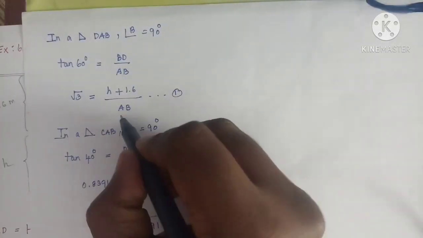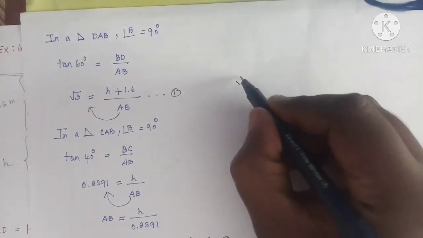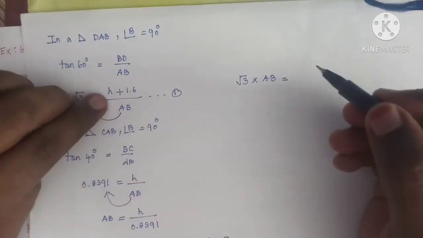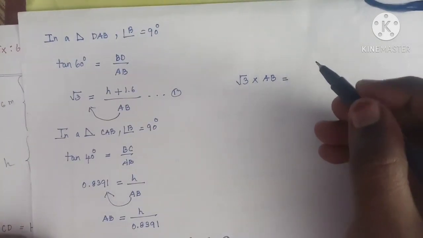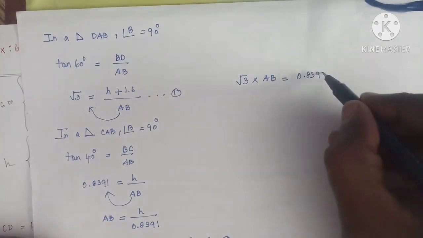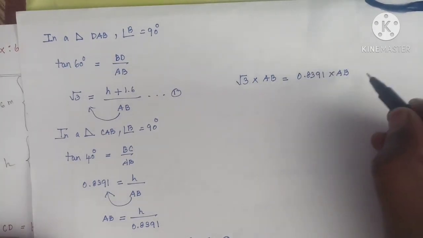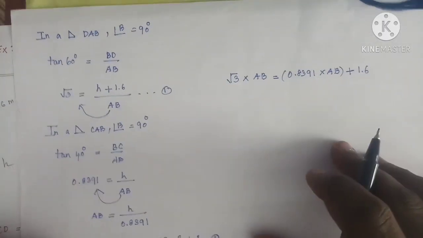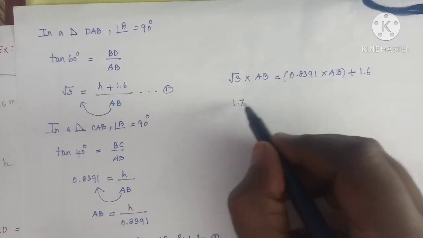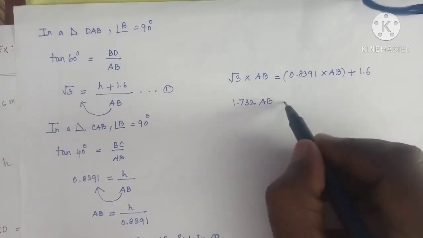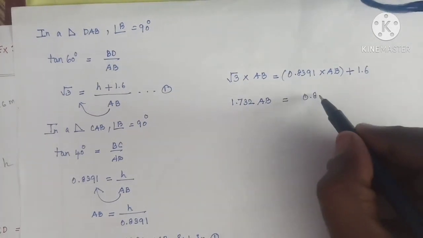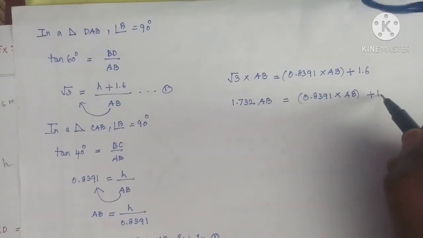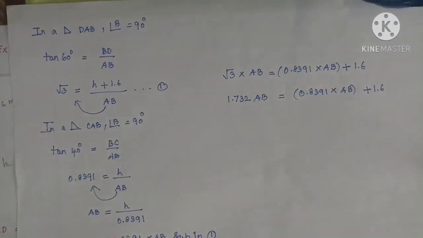So it becomes root 3 into AB equal to 0.8391 into AB plus 1.6. Root 3 value 1.732 into AB equals 0.8391 into AB plus 1.6.